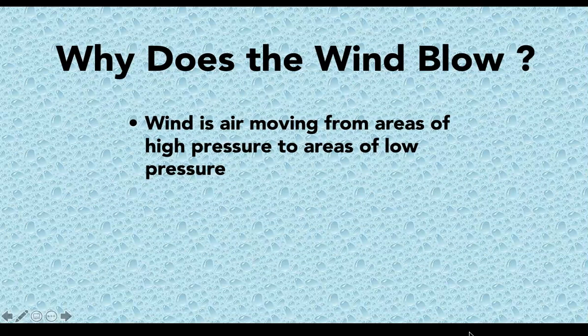All right. Why does the wind blow? Well, first of all, I guess what is wind would be a good question. And wind is air moving from areas of high pressure to areas of low pressure. All right.